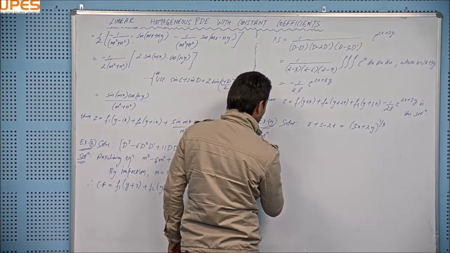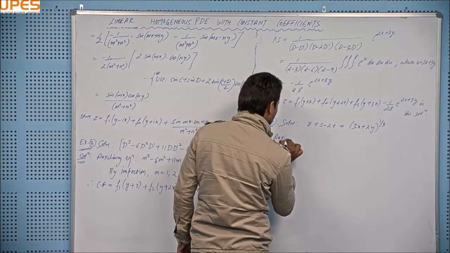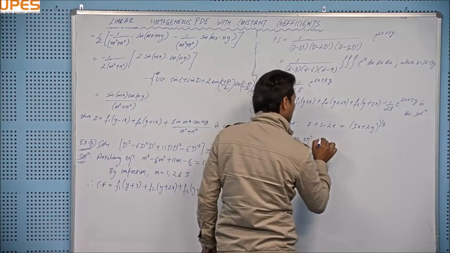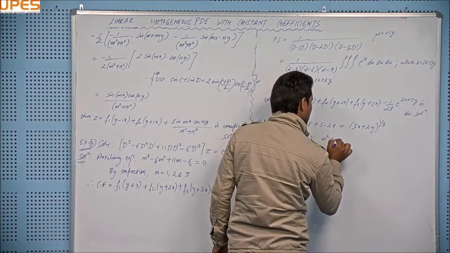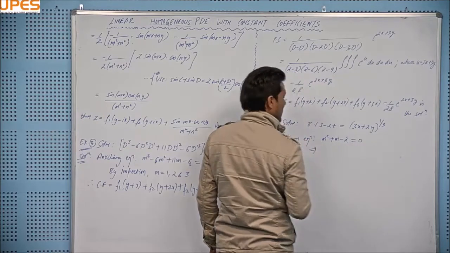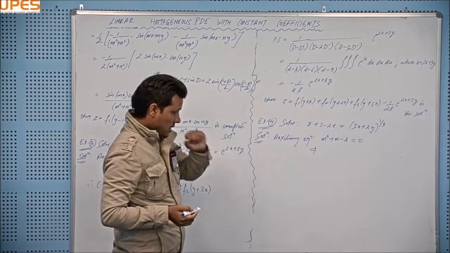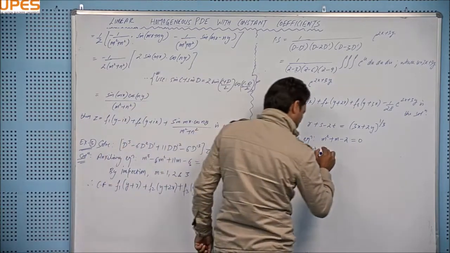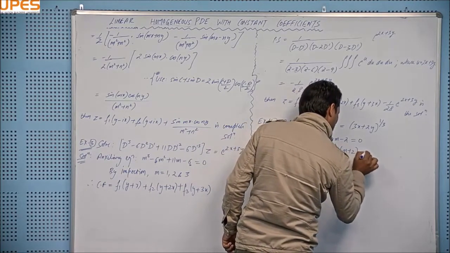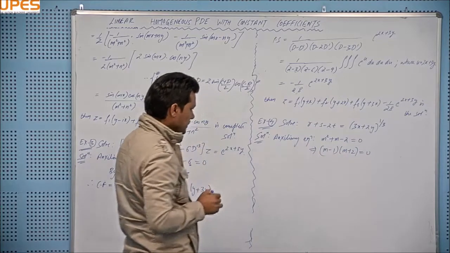Solution: writing its auxiliary equation in m, that will be m square plus m minus 2 is equal to 0. That will give me m minus 1 into m plus 2 equal to 0, right?